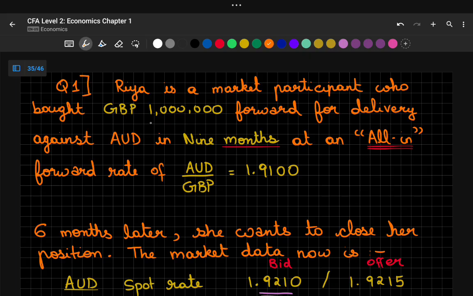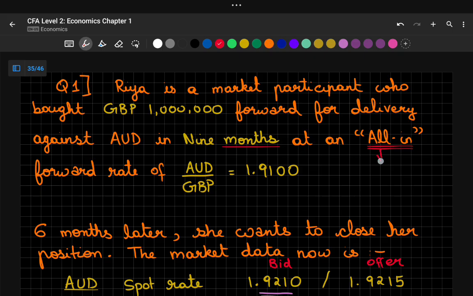It is a long position in GBP. Ria has bought 1 million GBP and she would be paying AUD for buying GBP. And this is a 9-month forward contract at an all-in forward rate of 1.9100.